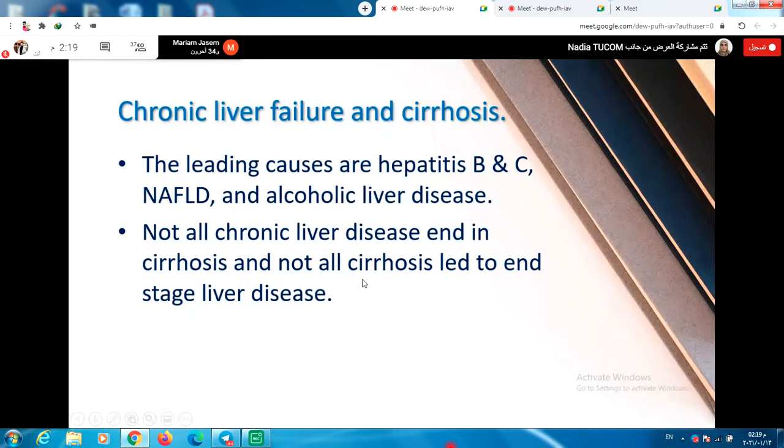Many pass into a stable, balanced state with suboptimal liver function.